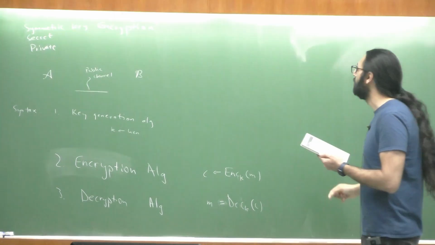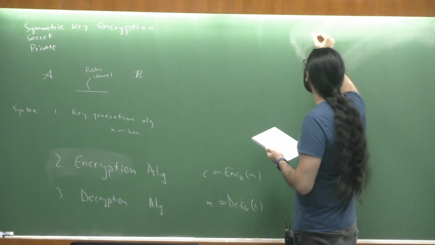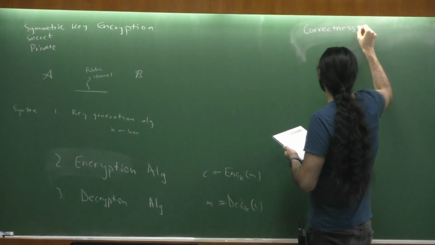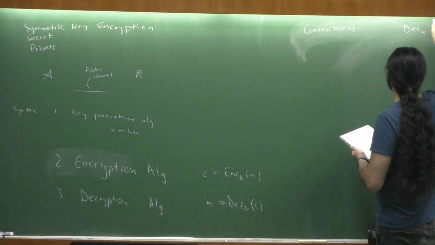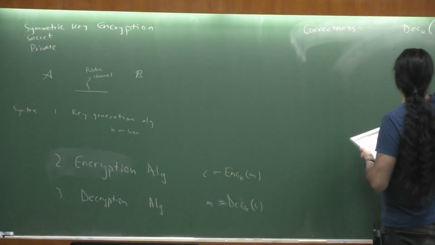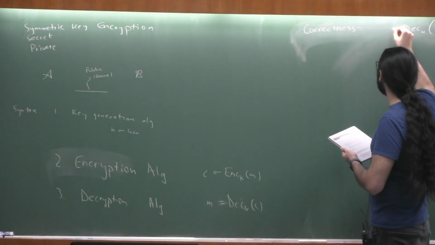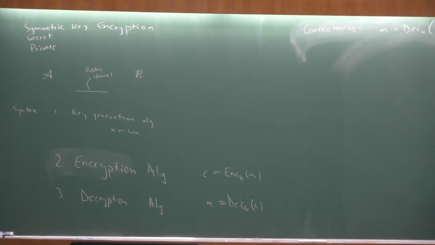Okay, thank you. So the correctness condition is that you encrypt a message and then you decrypt it, and this should give you the same message back. So nothing very complicated so far.